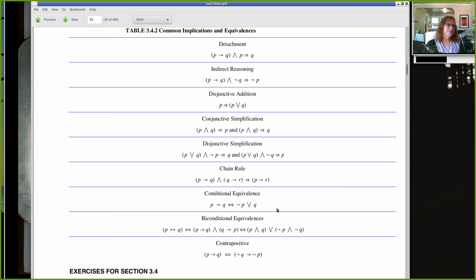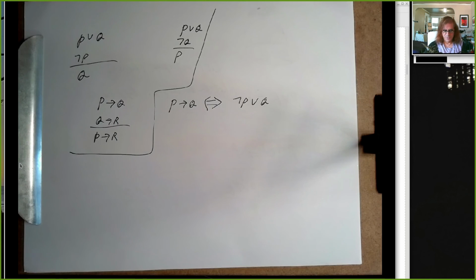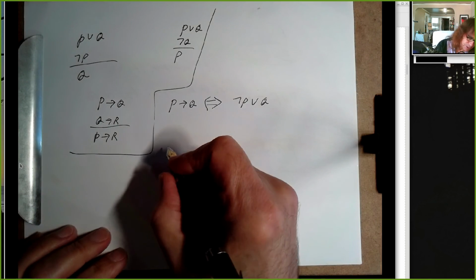Conditional equivalence. This is an oddball. Conditional equivalence says the following: if P, then Q is logically the same thing as not P or Q. And this we can prove using a truth table.